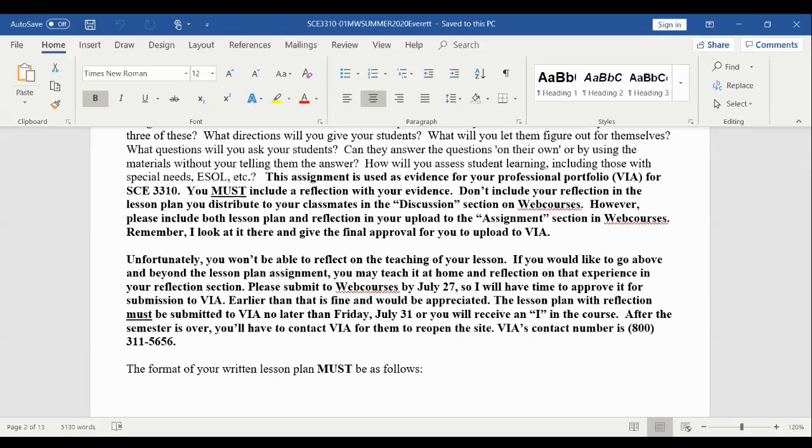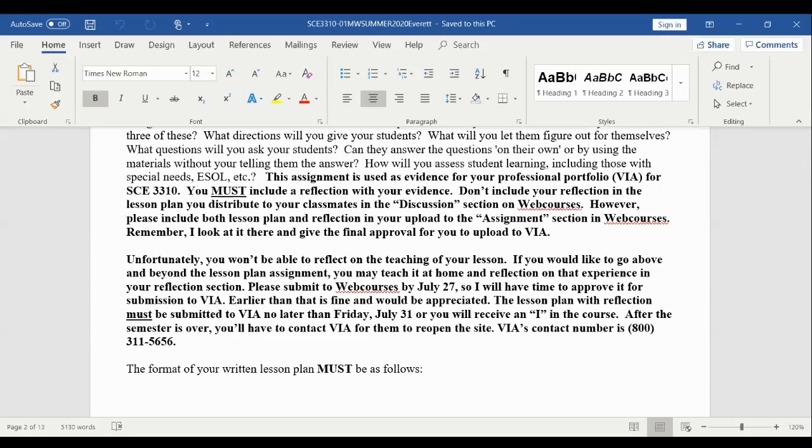And I'm waiting, and I'm emailing, and I have to give the person an I. Later on, I can change it, but then it becomes a pain because you have to contact VIA directly and have them open it up for you to do it.